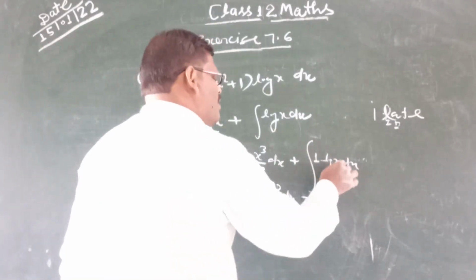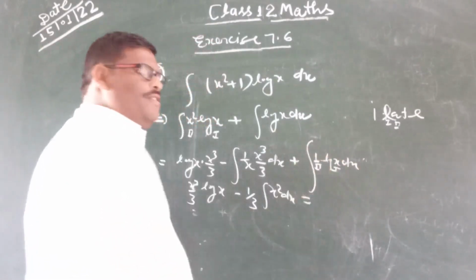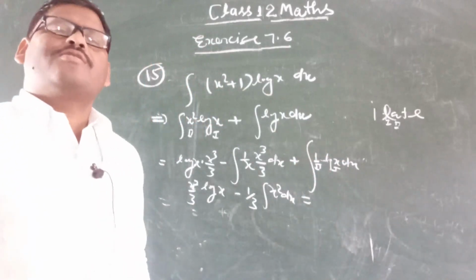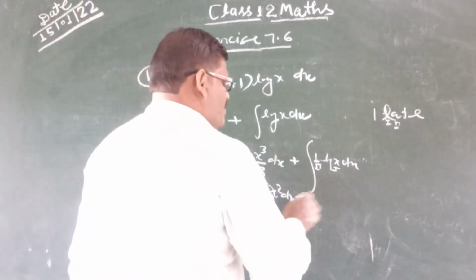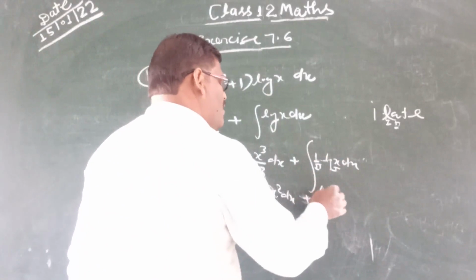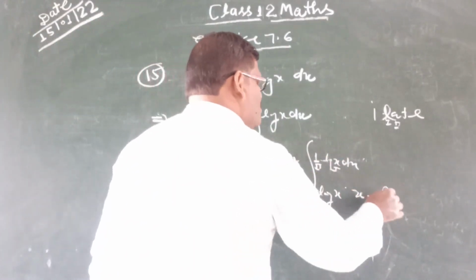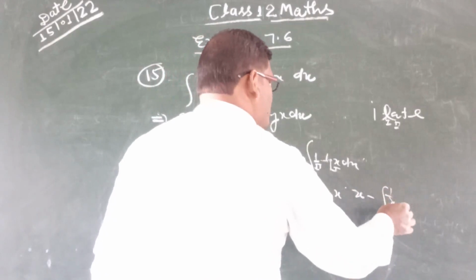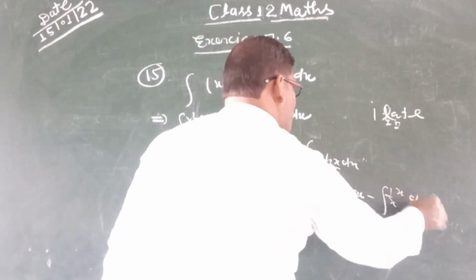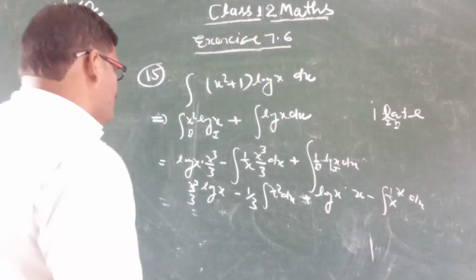Now for the log x dx, first function log x, second function 1. By integration by parts, first function log x, integration of second, that is x, minus d/dx of first, 1 by x, times integration of second, x dx. The x cancels with each other.